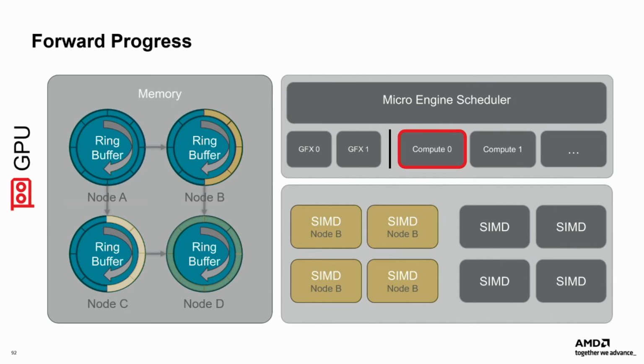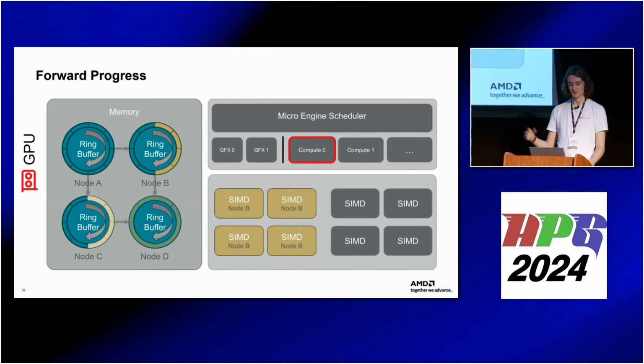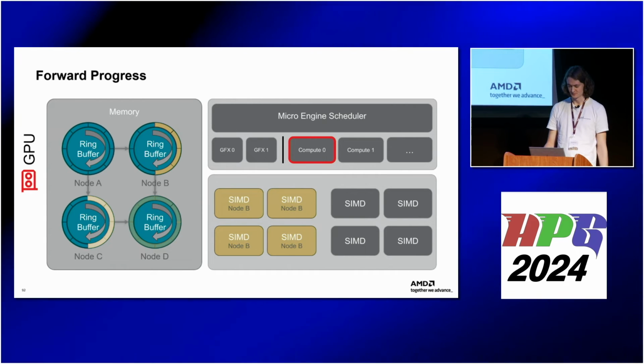And now we see that the ring buffer for node D is completely filled up with reservations. And that's exactly how we mitigate the deadlock we had before. Because now we can't add any more reservations to the ring buffer for node D, meaning we can't actually start launching the work for node C until node D has finished processing, or we know the actual output counts that node B will write to the ring buffer.